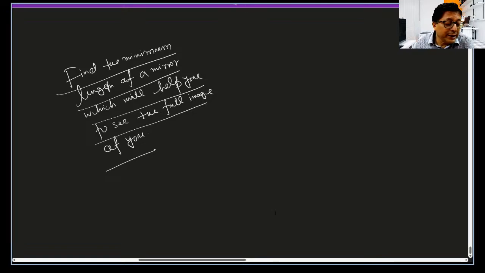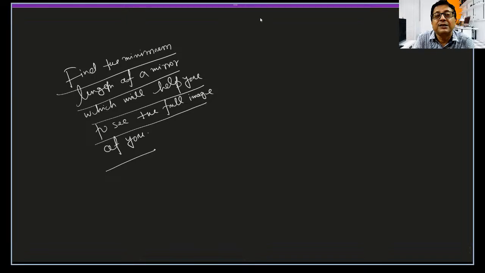We can prove that if the height of the person is h, then the length of mirror is h by 2.